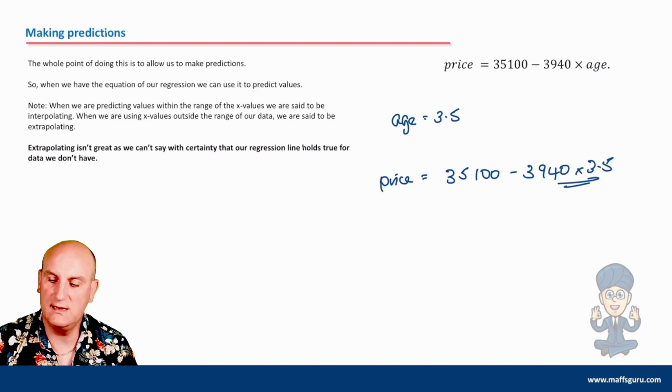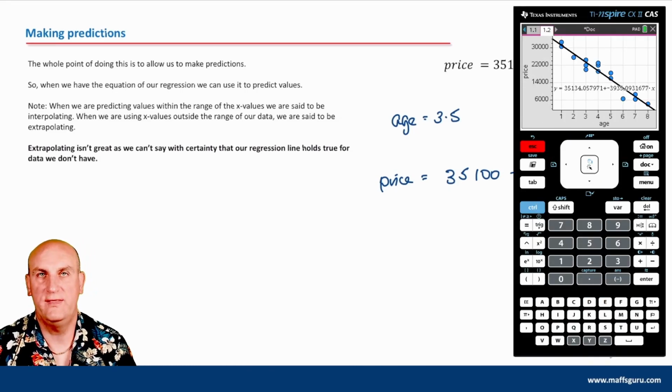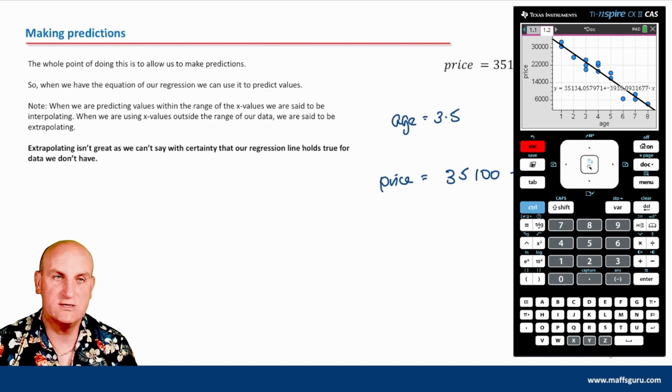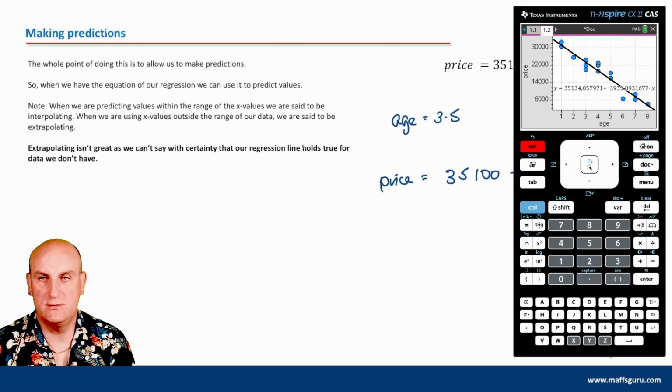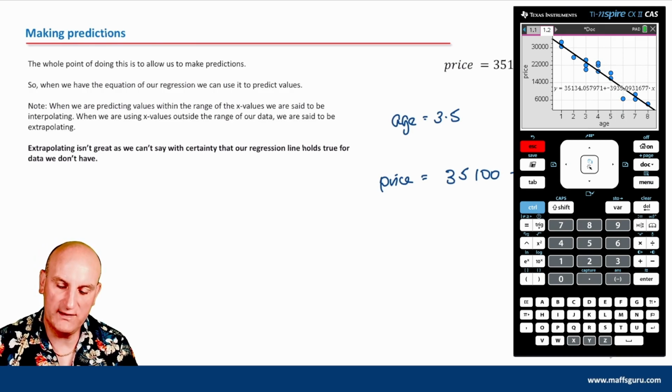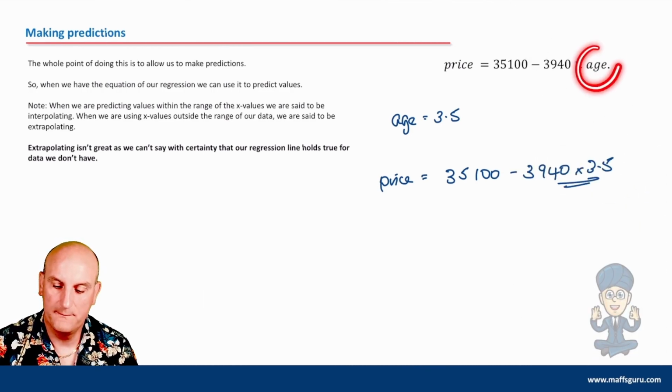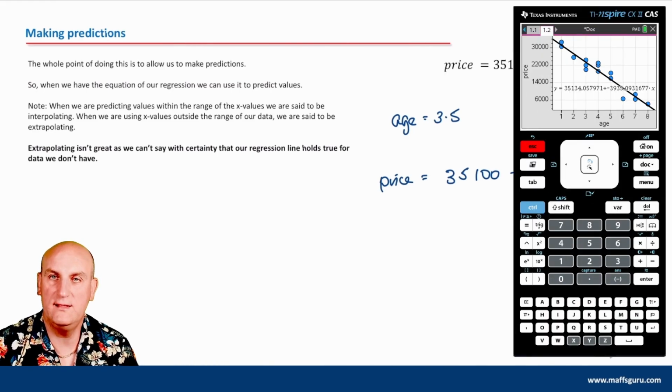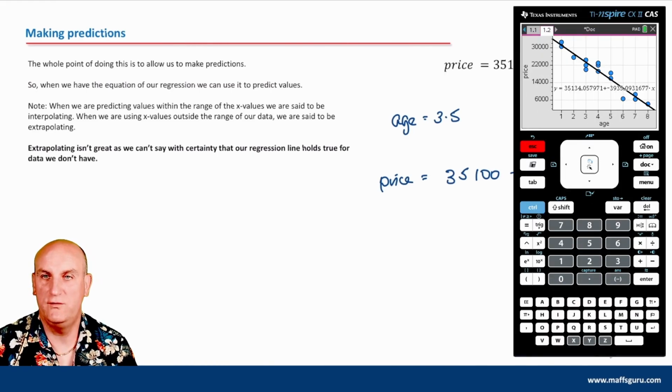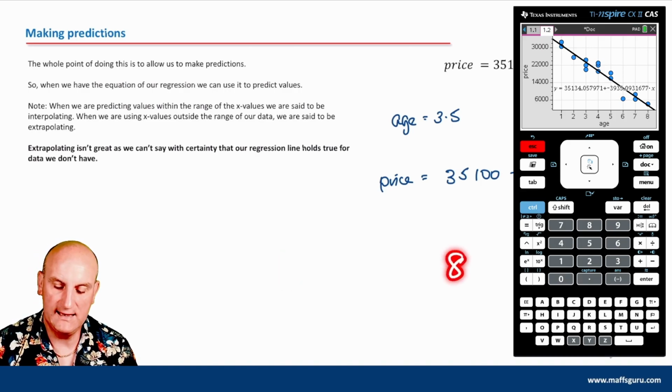Now, it is very important to notice that there is something in maths called extrapolation and interpolation. Now, interpolation means that we will be putting a value into our formula that falls within the values that they gave us. So if you notice the bottom of my graph there, the data values went between 1 and 8.